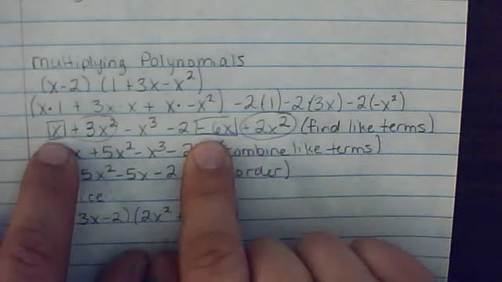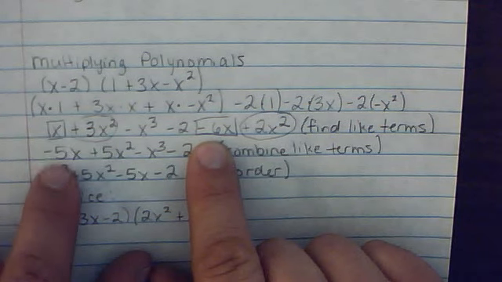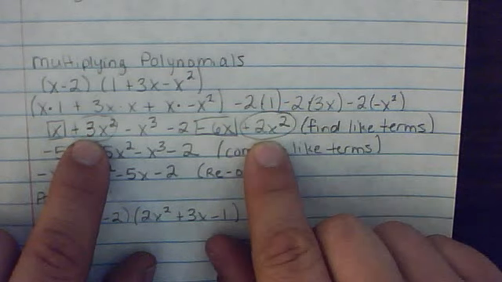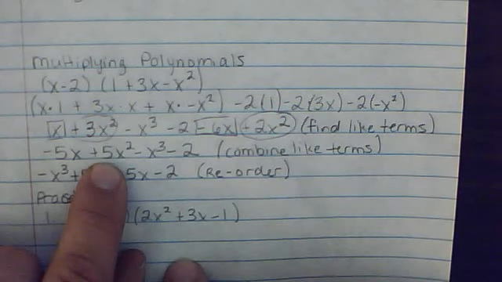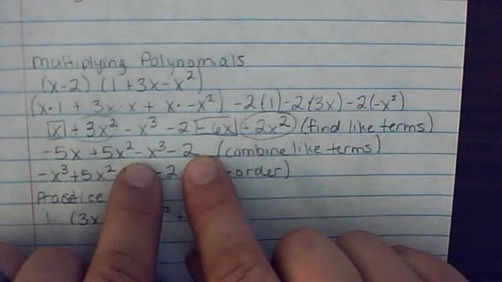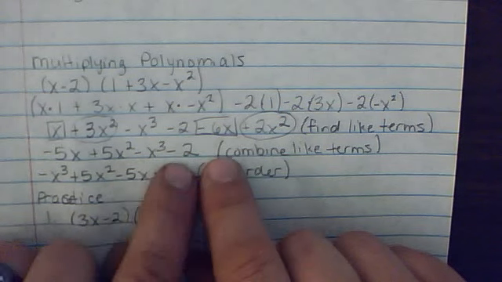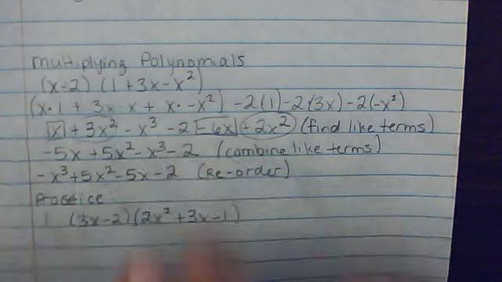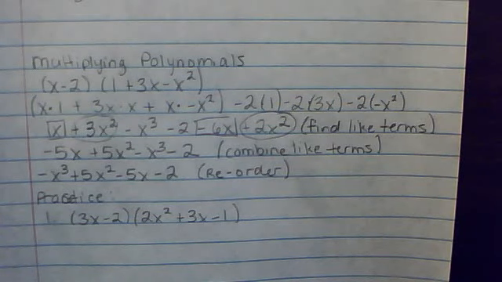So here, the ones I put a square around, x minus 6x, gives me negative 5x. That's where that negative 5x comes from. 3x squared plus 2x squared is 5x squared. Then the negative x to the third and the negative 2 didn't have anything to combine with. There was not another x cubed anywhere, and not another number anywhere, so those just stayed the same.